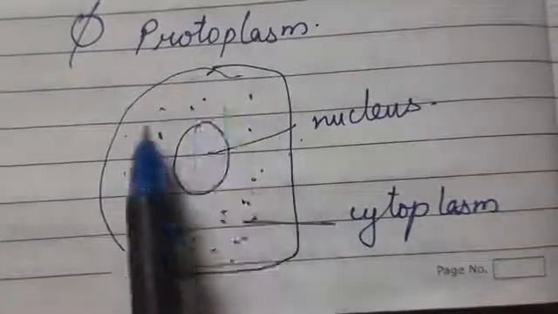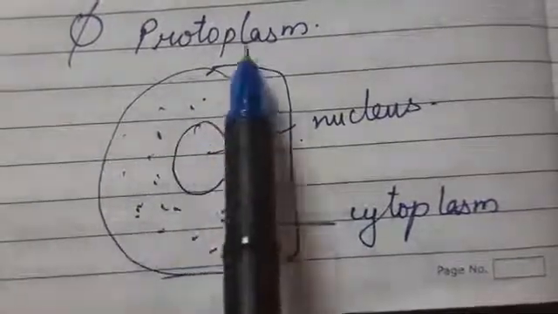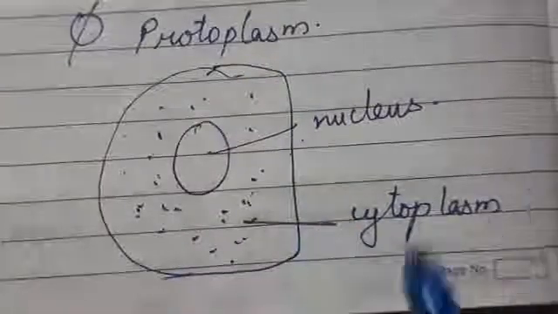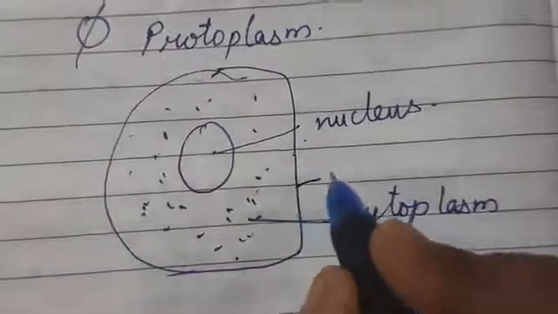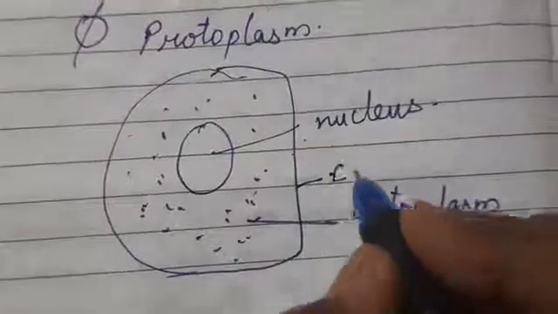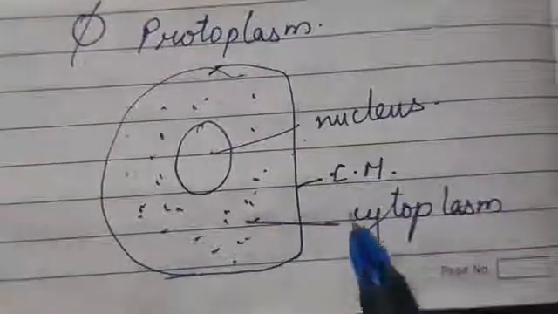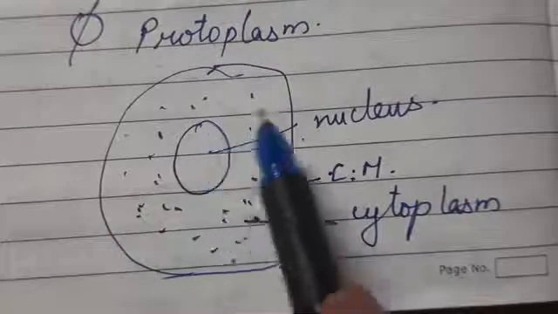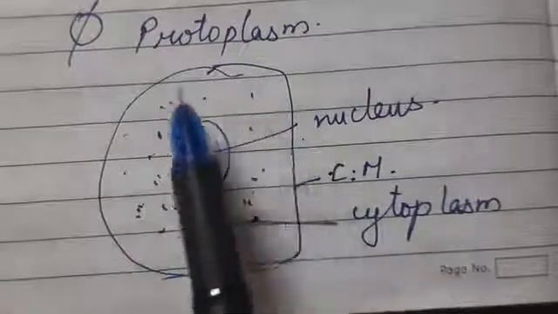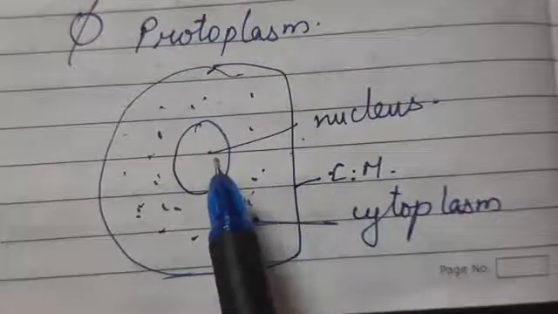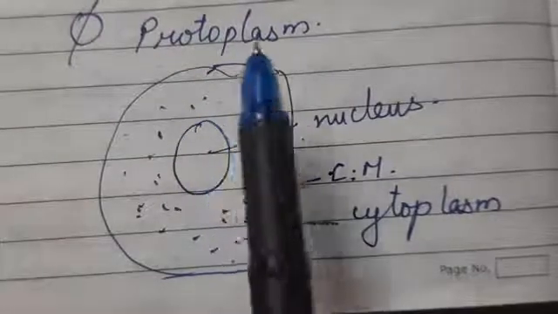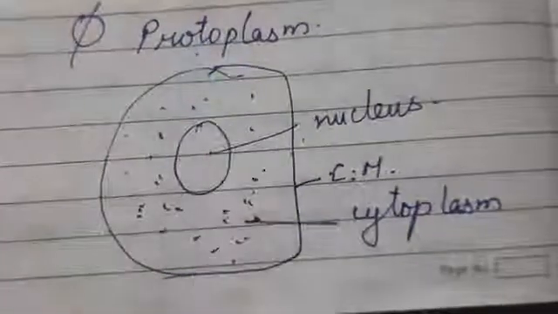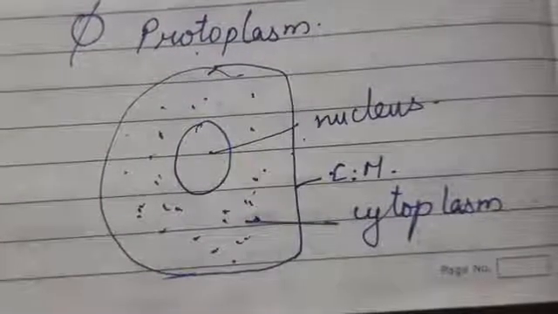It is found only in this region. But protoplasm is a fluid matter which includes everything: the cell membrane, the cytoplasm, along with the nucleus. So every part of the cell comes in the protoplasm. That is the difference between cytoplasm and protoplasm.